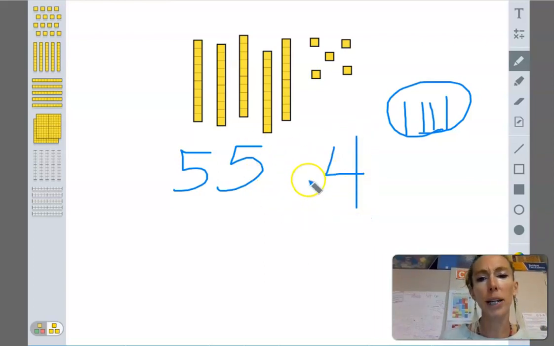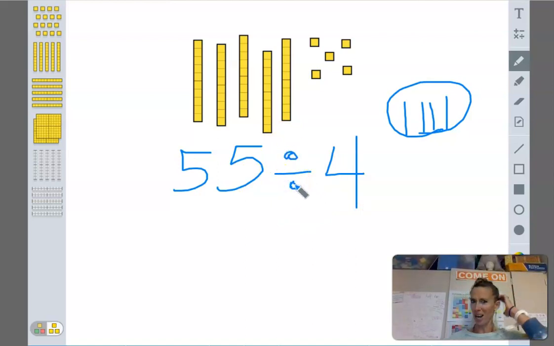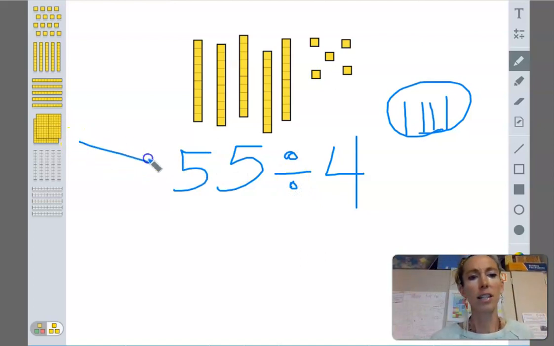So if I'm splitting it equally with 4 people, what do you know? I'm going to divide it. Oh my gosh. So it's actually the same division problem that we did before, but now instead of thinking in groups of 4, where we were like 4 pieces, 4 pieces, 4 pieces, 4 pieces, now we're thinking in 4 groups.